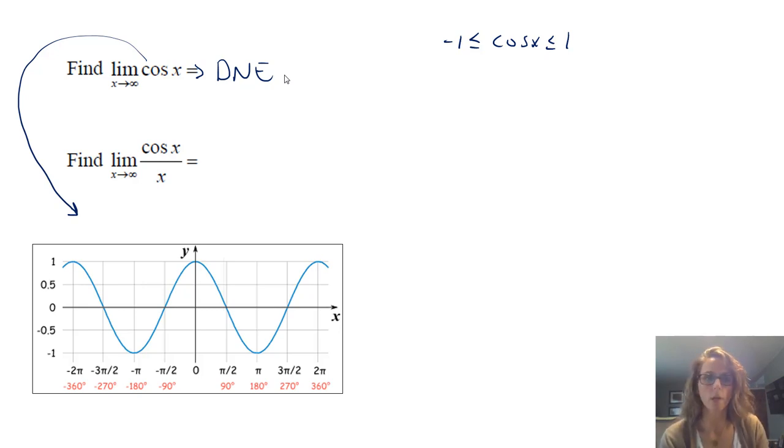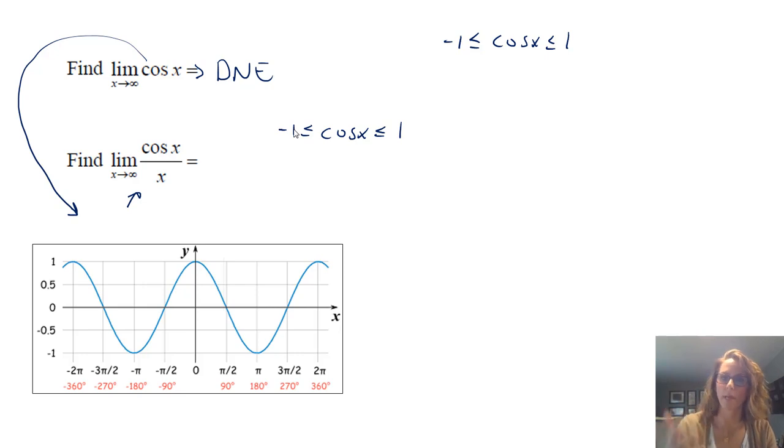However, when we look at something like the limit as x goes to infinity of cosine x over x, there are some things that we can do. So you may remember that we can look at cosine as between -1 and 1, as I just wrote.